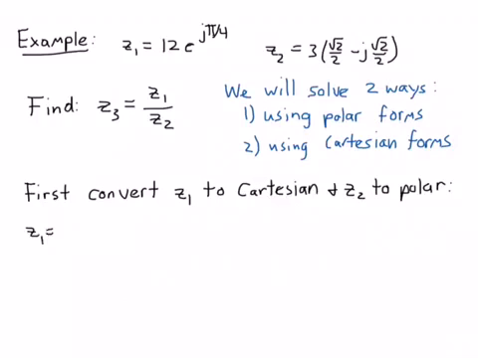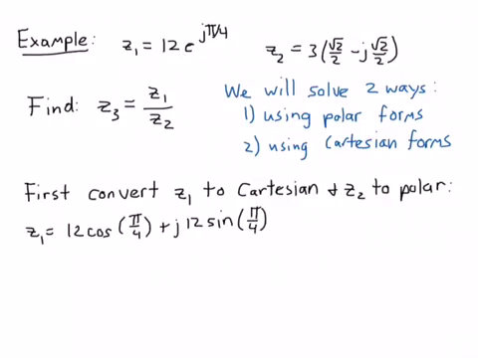We write z1 we know is going to be equal to, well, this is the radius of z1, 12, and this is the angle of z1, or pi over 4. So we can write z1 is going to be equal to 12 cosine of pi over 4. That's the real part of z1. And then the imaginary part of z1 is 12, the radius, times sine of pi over 4.